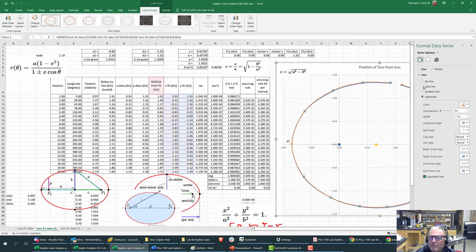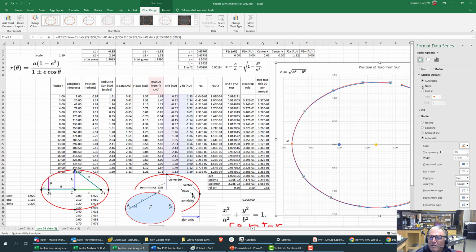Radius from fit, solid line, and I always like using red, but there's no requirement. Make it small, maybe a tad bigger than that, and then I want no markers, none. And I want the series Y data.